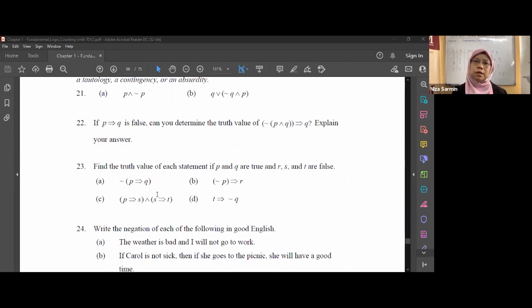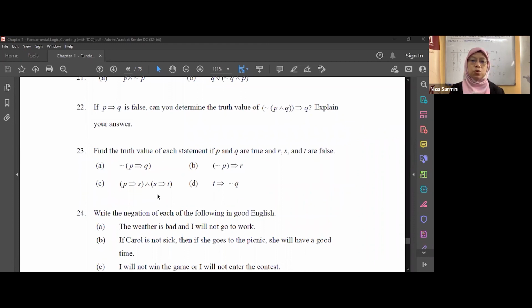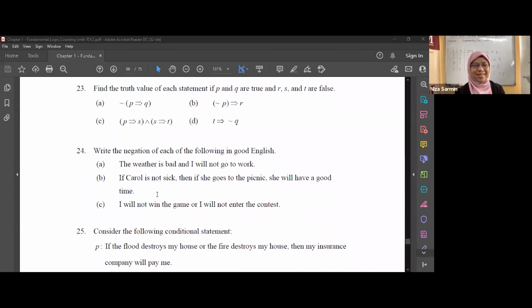23 is, I gave an example before for 23. You are given P and Q true, R, S, T false. So try to put in the value. All right. 24, write the negation in good English. Okay, like 24A, write the negation in good English. The weather is bad and I will not go to work.